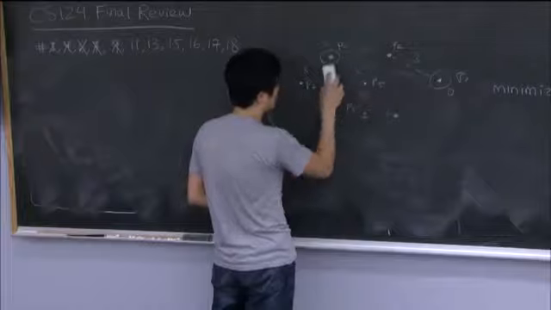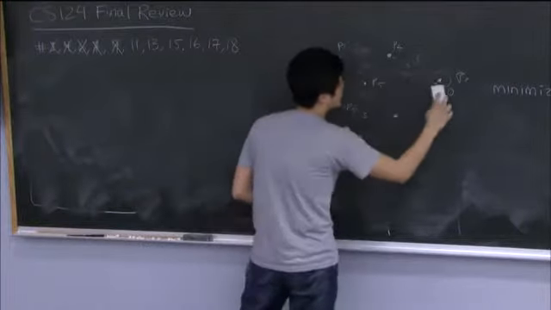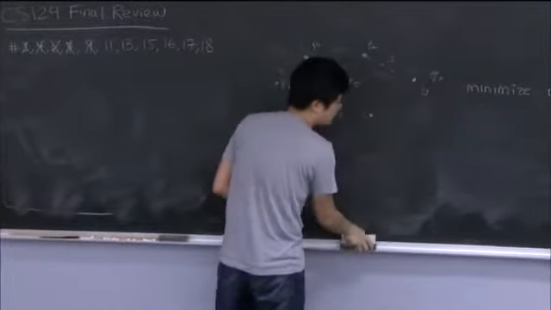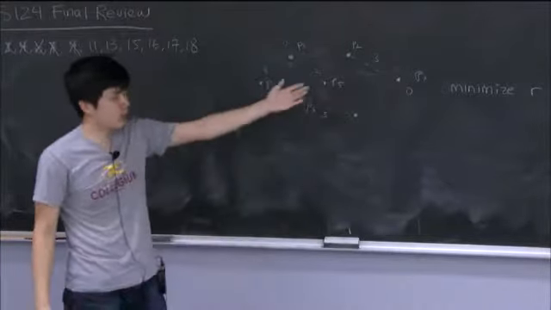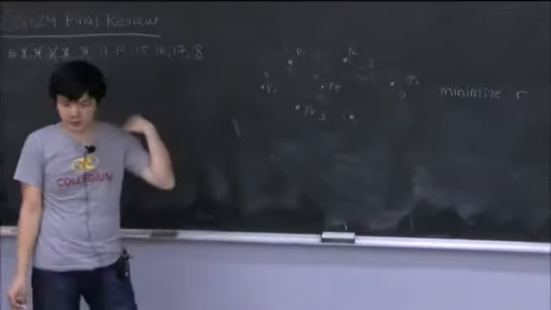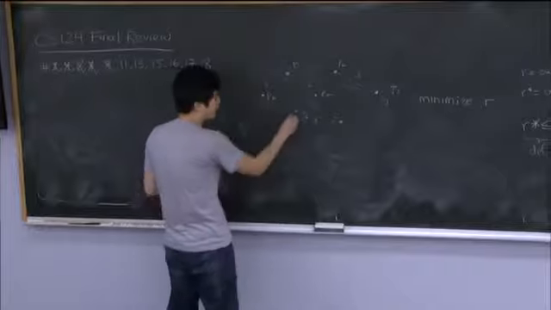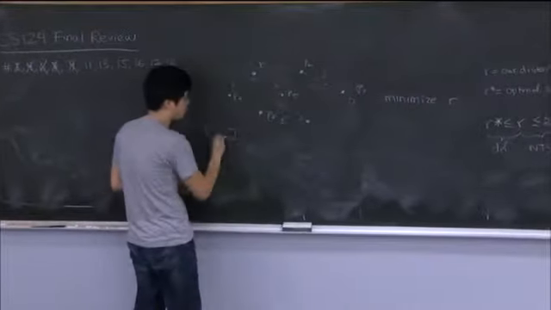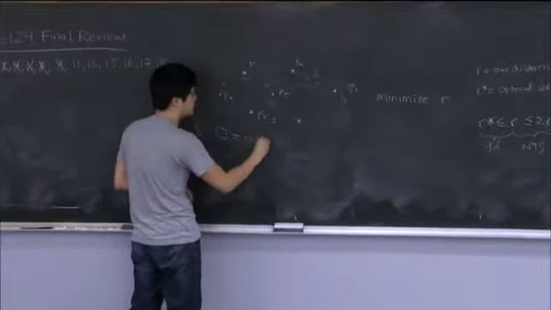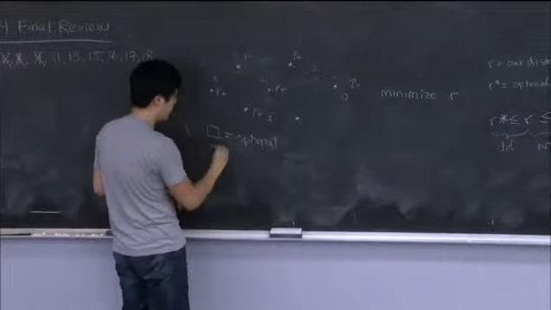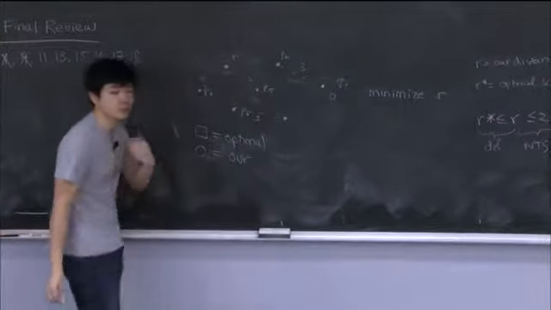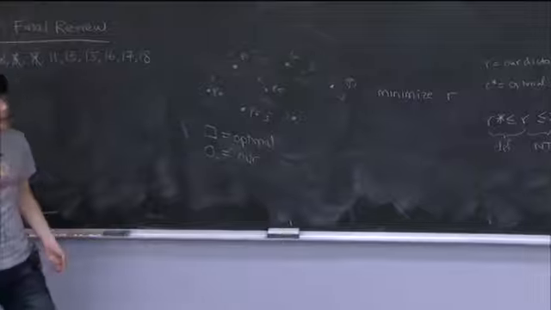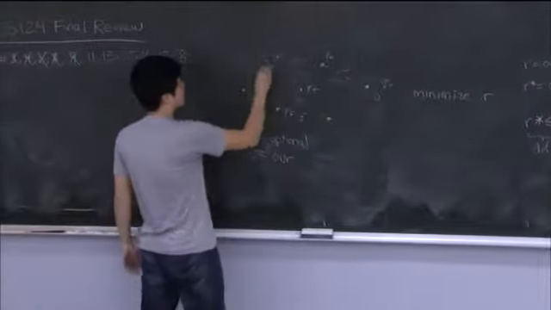Okay, so let's talk about what our argument is. Please remember that r star is the optimal and r is our distance. What I'm going to do is use squares to represent the optimal solution's choice of hospitals, and circles to represent our solution's choice of where to build the hospitals. So let's say this is the optimal solution.